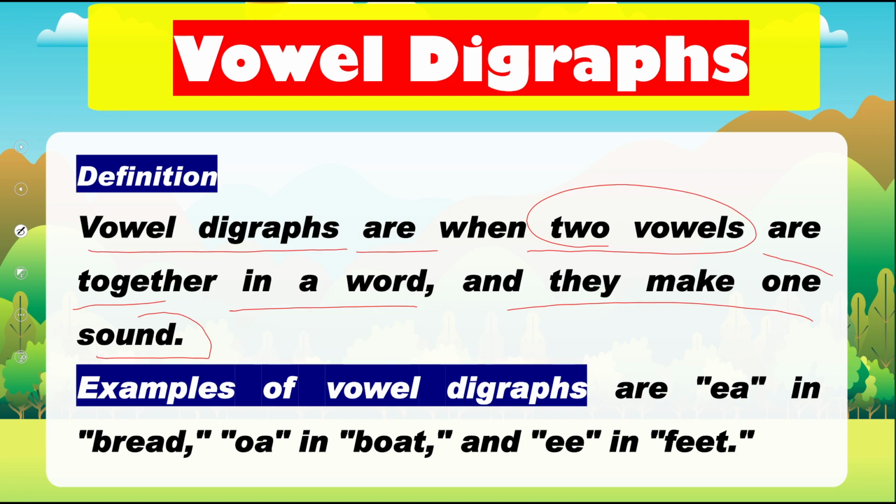For example, in the word bread, the E sound is composed of these two vowels, hence we call them vowel digraph. Also in the word boat, we can spot two vowels, so we can also call it a digraph of vowel. And in the word feet, we have two vowels and hence we also call it a digraph.